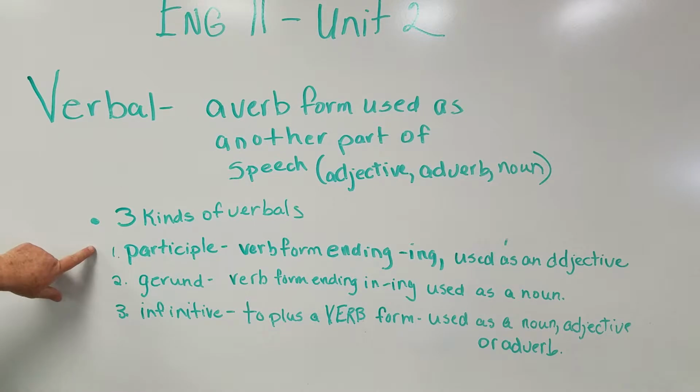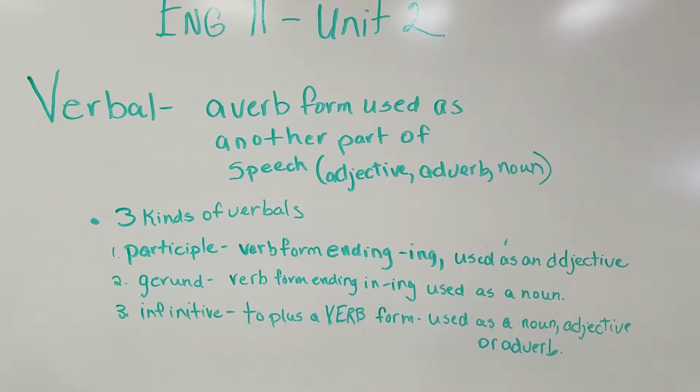One, participle. That's a verb form ending in ing, but it's used as an adjective. It might look like a verb, but if it's being used as an adjective and it ends in ing, then it is a participle. The second kind of verbal is a gerund. It also is a verb form ending in ing, but it is used as a noun.